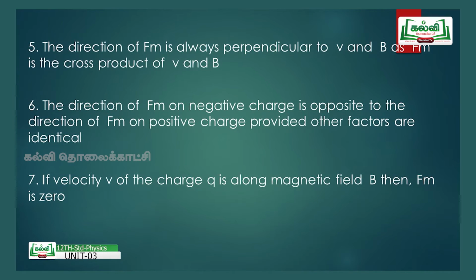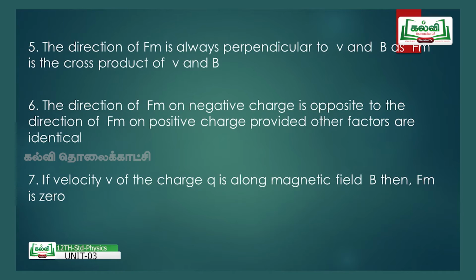Next, the direction of Fm is always perpendicular to velocity and magnetic field, since it is a cross product of velocity and magnetic field. The result of V cross B is force, and that will definitely be perpendicular to velocity and magnetic field. The direction of Lorentz force on a negative charge is opposite to the direction on a positive charge, provided all the other factors are identical.